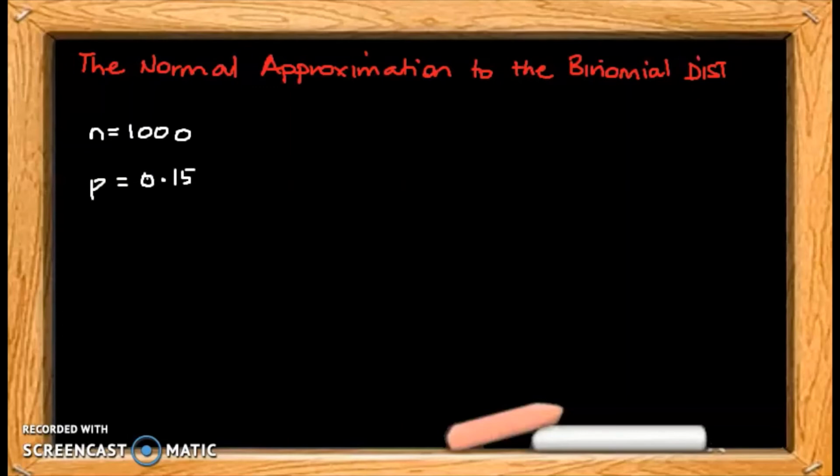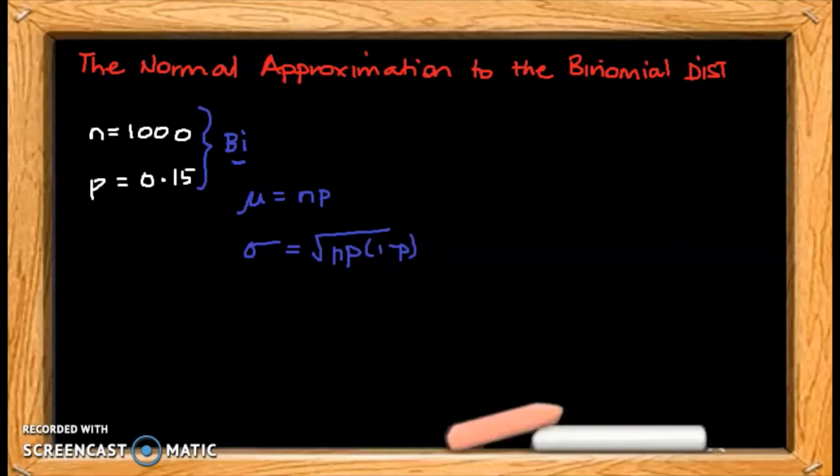Then what I could do is work out the standard deviation and the mean of that using my binomial data. So remember, with binomial, I would find the mean would be n times p, and my standard deviation would be the square root of n p times 1 minus p.